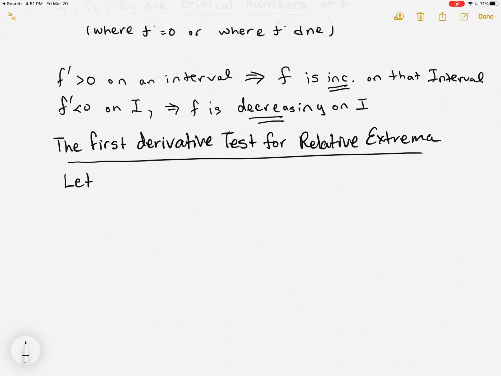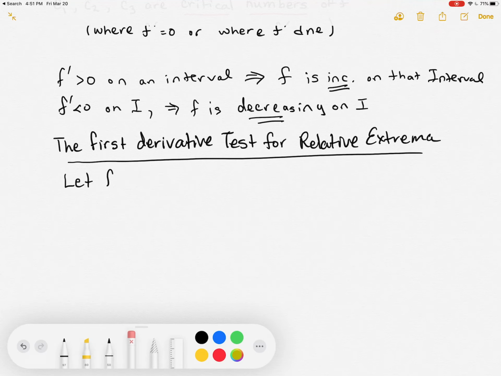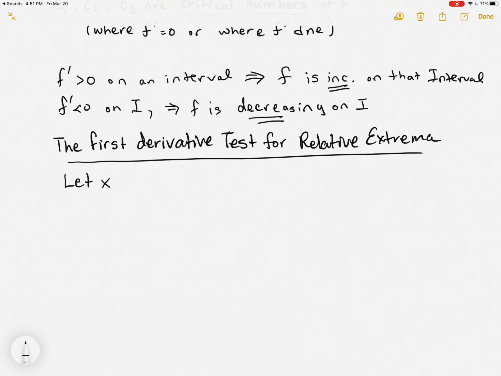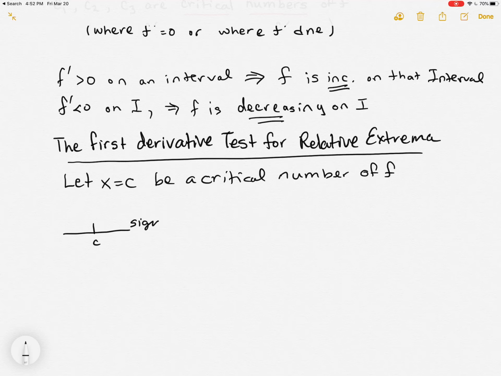So in each case, we're analyzing the function at the critical number. Let x is equal to c be a critical number for a function. We look at the sign of the derivative around the critical number.